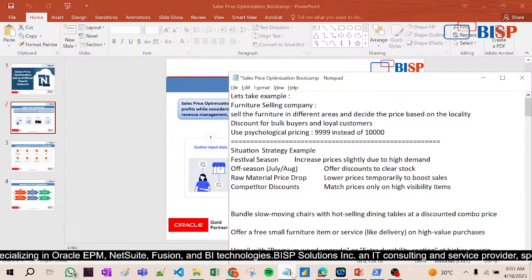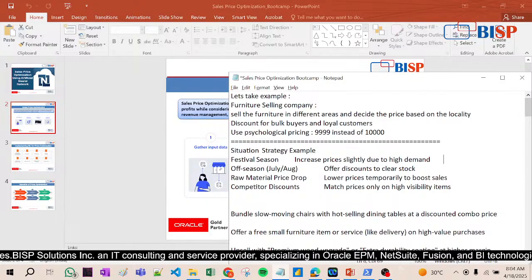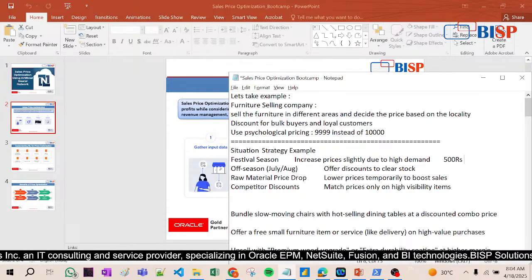We are just optimizing the prices from time to time and location to location. For example, if the festival season comes, you can increase the price. Suppose the cost of an item is 500 rupees. At the time of festival, you can make it 900 rupees, and then you say 90% discount.